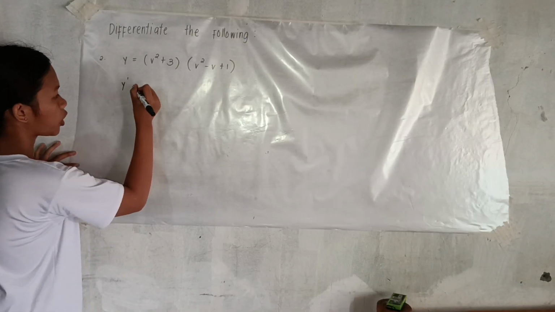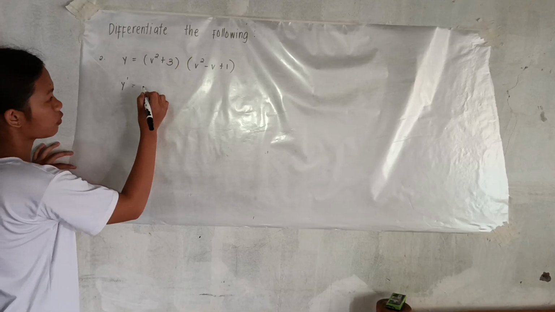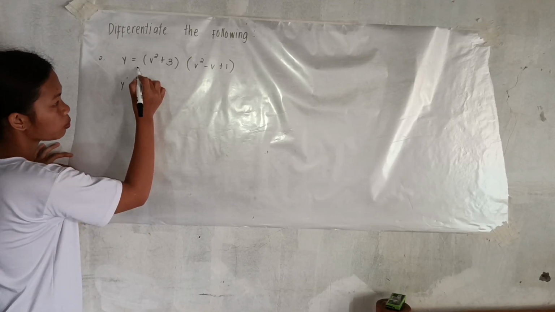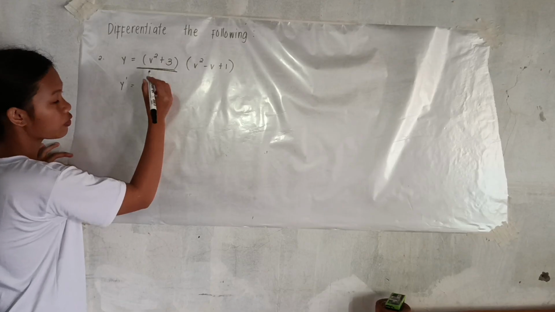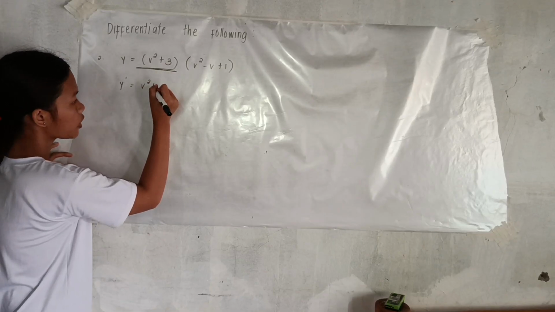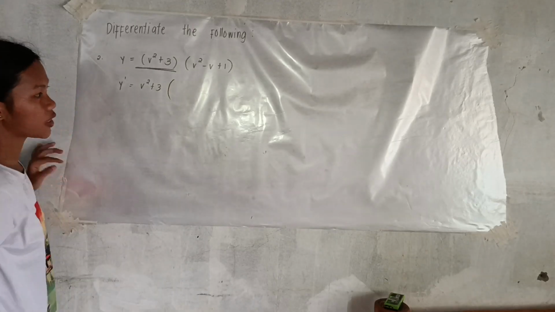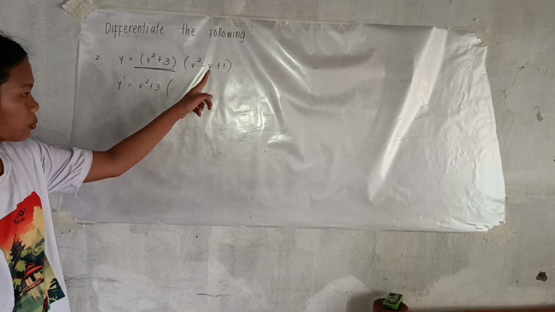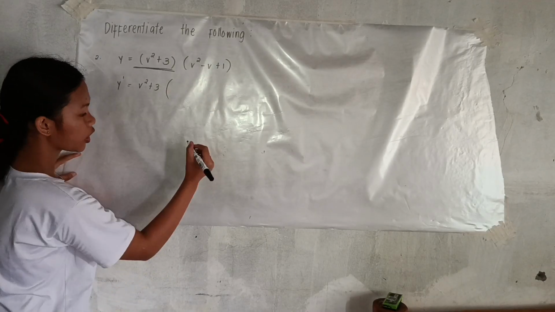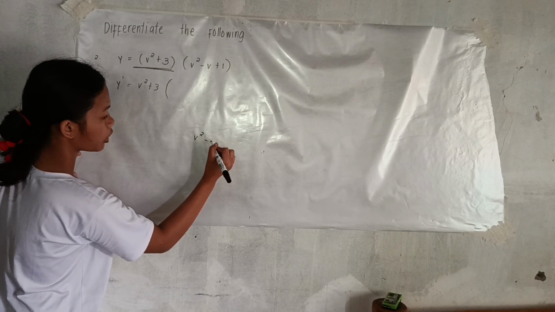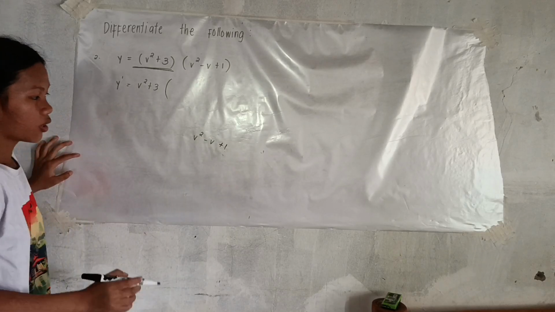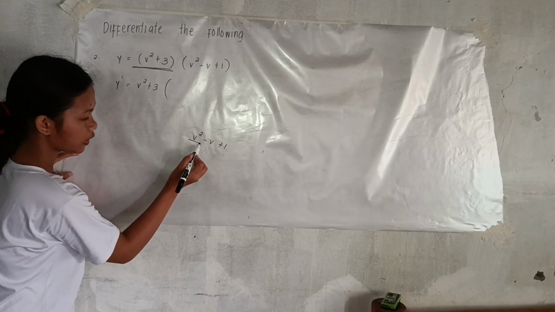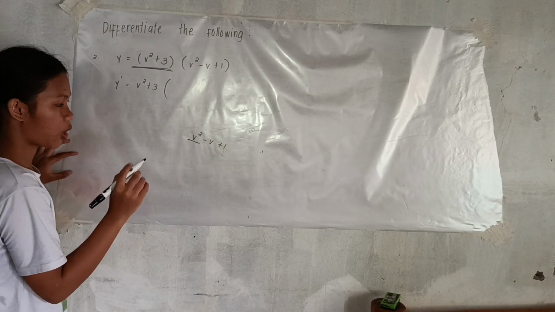So, y prime, okay, we're finding the first derivative of the function. So, copy daw the first term, mao na siyang first term. So, copy the first term, v squared plus 3, i-times daw siya sa derivative sa second term. So, for the derivative sa second term, makuha nato ang derivative, v squared minus v plus 1. So, as you can see, diri, pwede na ma-apply ang power rule.